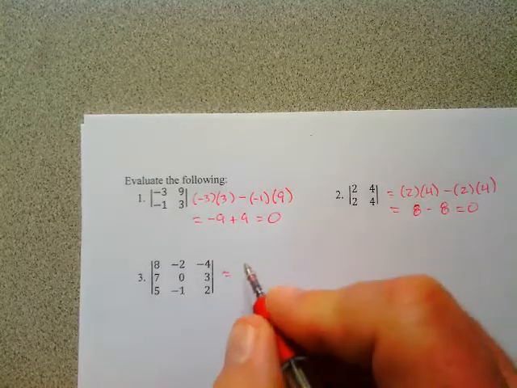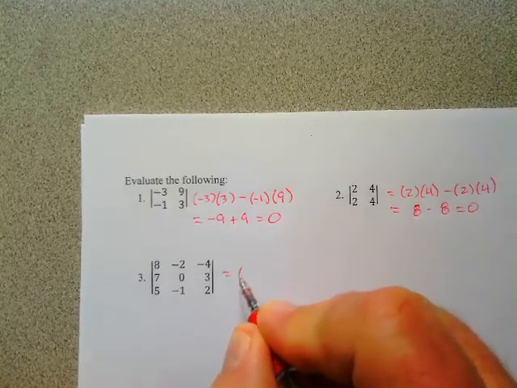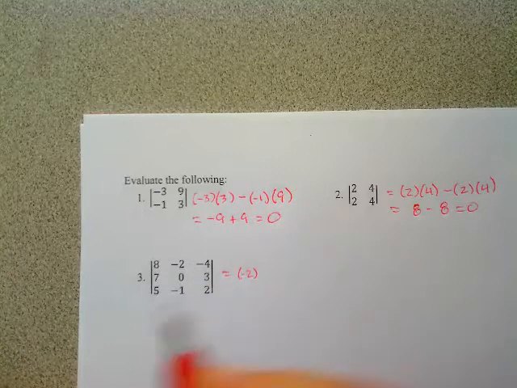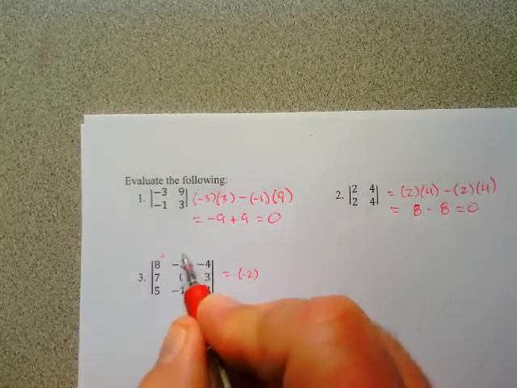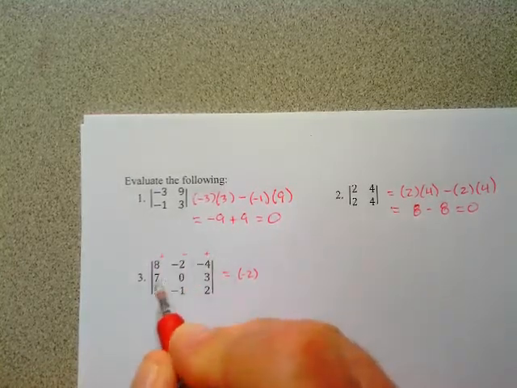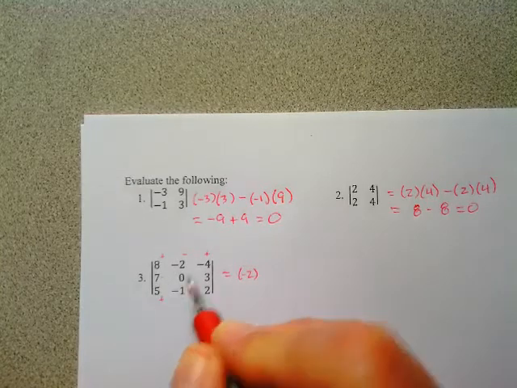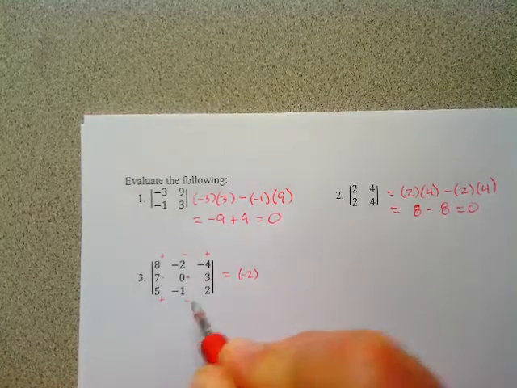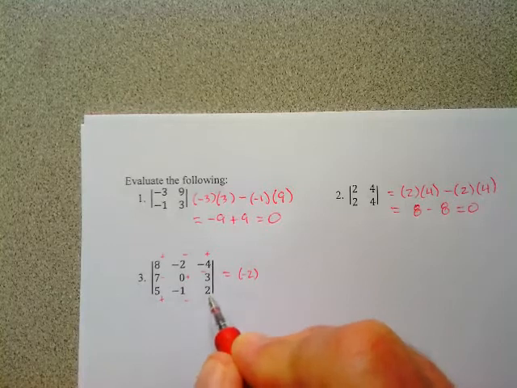So here we'll have first the negative 2. Okay, remember the plus, minus, plus routine. So I'm just going to go ahead and mark them so we keep them straight.